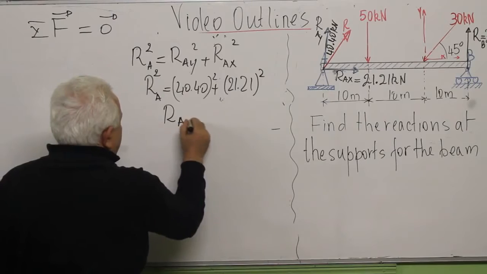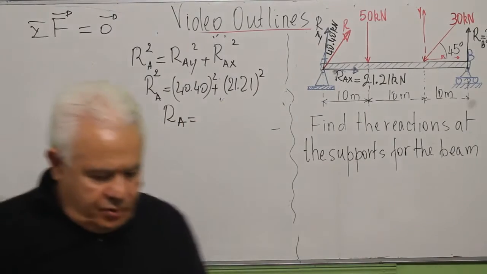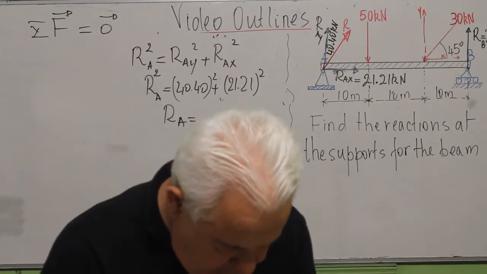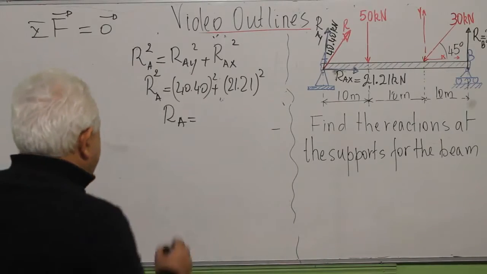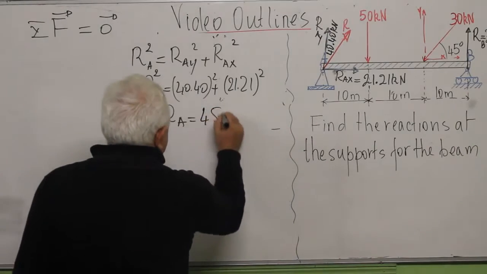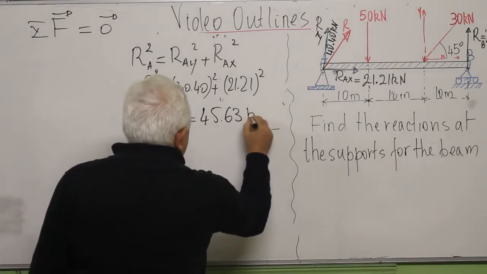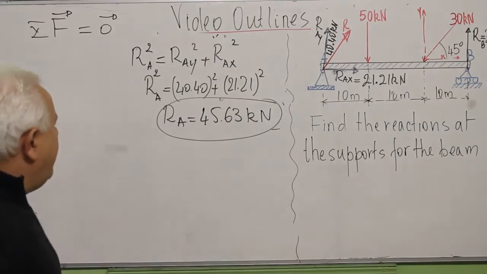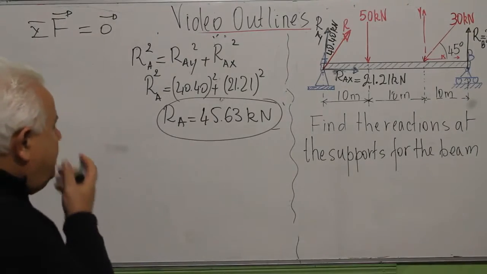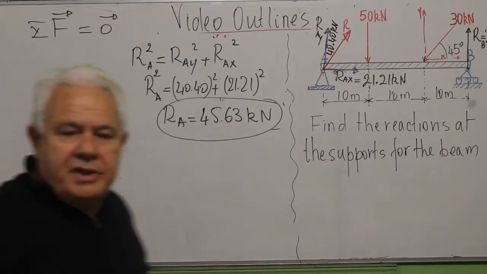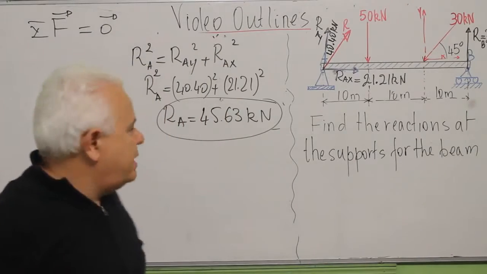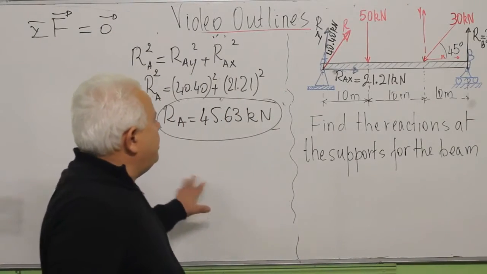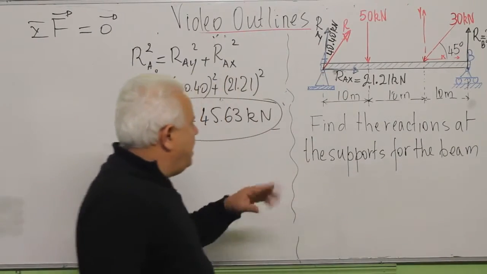This will give me RA equals 45.63 kilonewtons. And as you can see, by using these two conditions, sigma of the forces and sigma of the moment, I am able to determine completely the reactions at A and B.